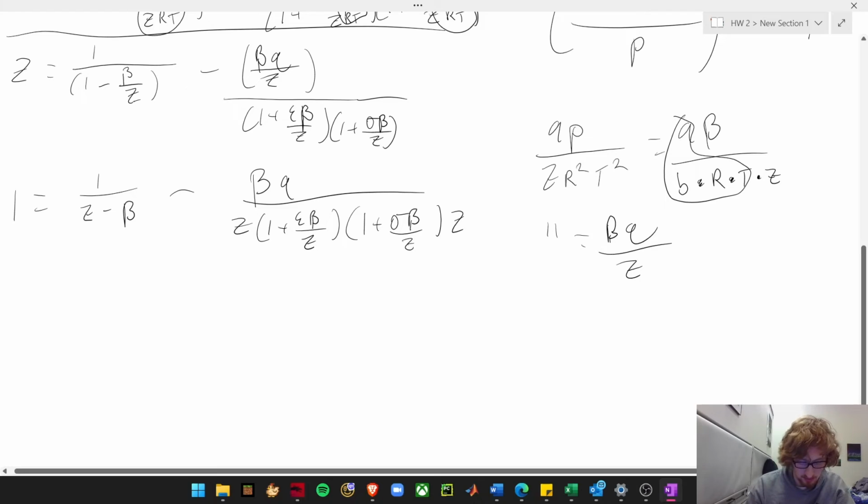And again, we can multiply through. So we'll multiply this one through here. And that's why I wrote it kind of in a weird way, just so it's a little easier to visualize how these are going to multiply through. So over here, we're going to have z plus epsilon times beta. And then over here, we'll have the same thing, but with sigma.